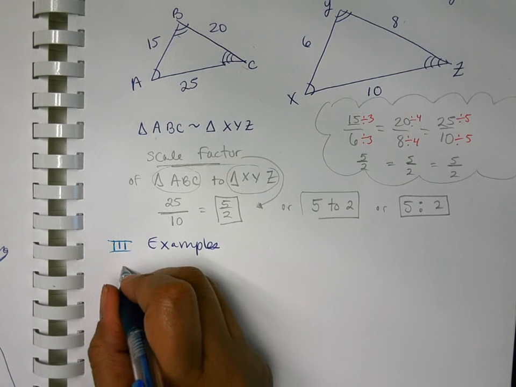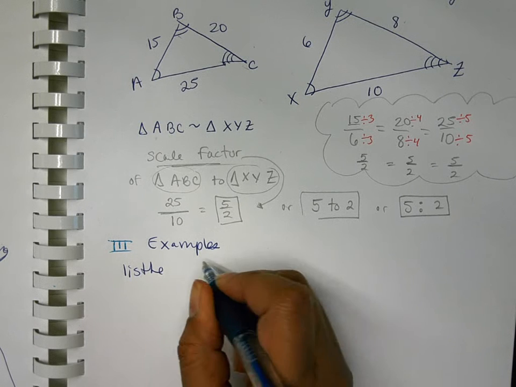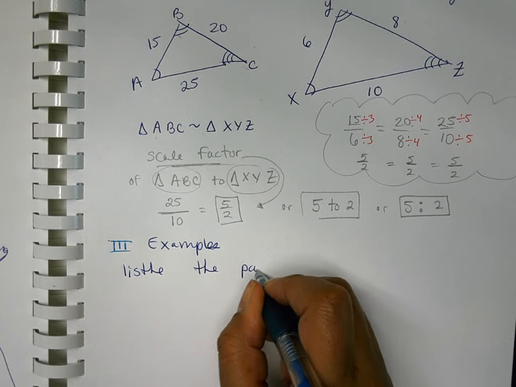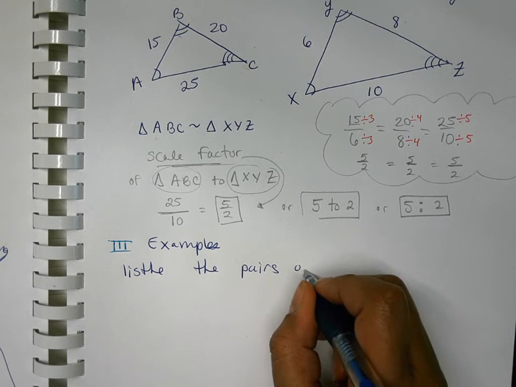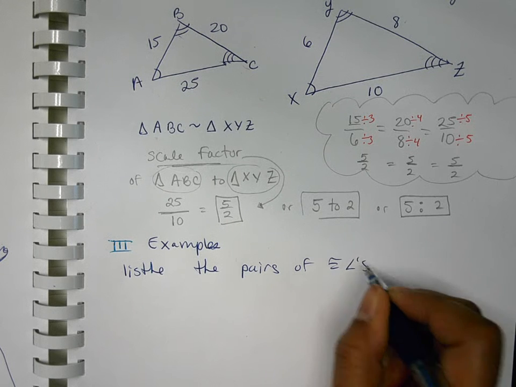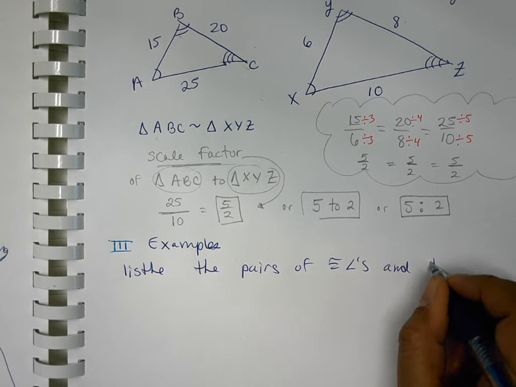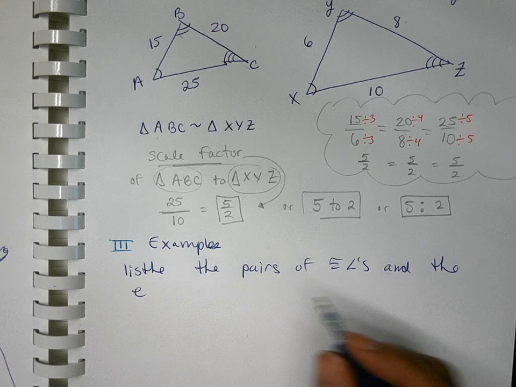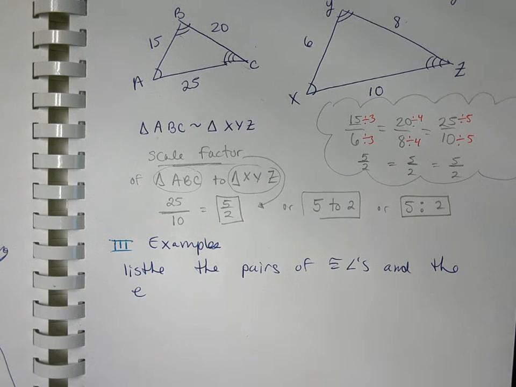List the pairs of congruent angles and the extended proportions. So the scale factor is basically what we did.